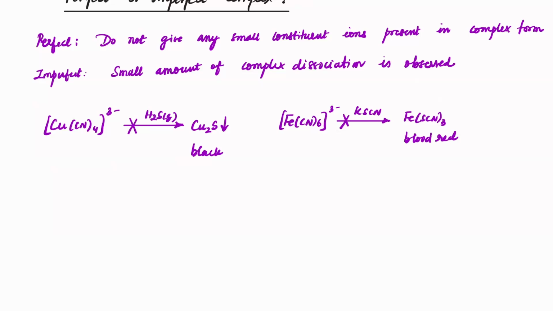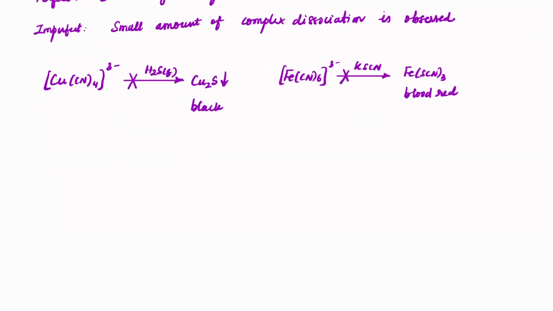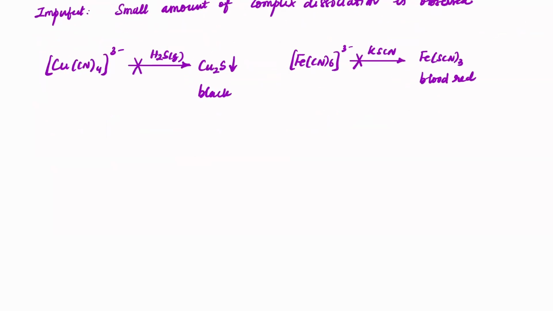What is this Kf and K? Instability constant. Let me explain. If I take Cu+ and 4 moles of cyanide, it will convert into [Cu(CN)4]3-. The equilibrium constant for this is usually called the formation constant.